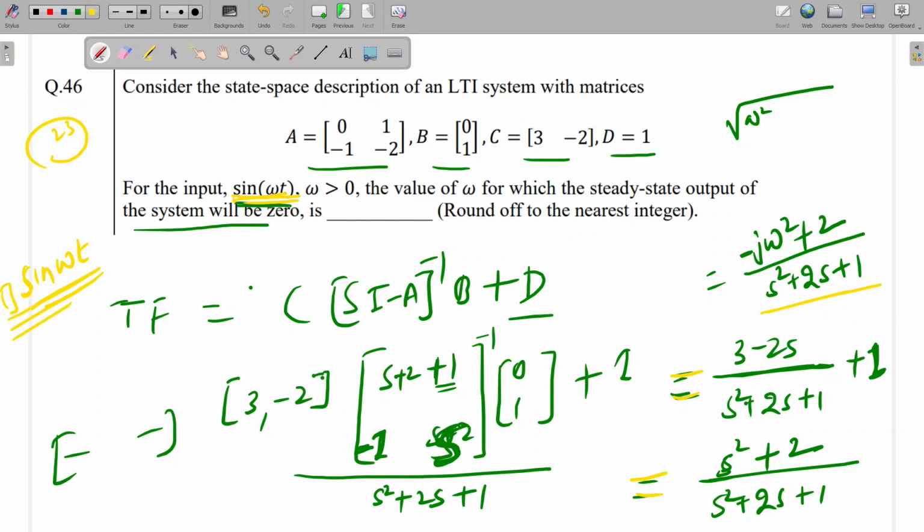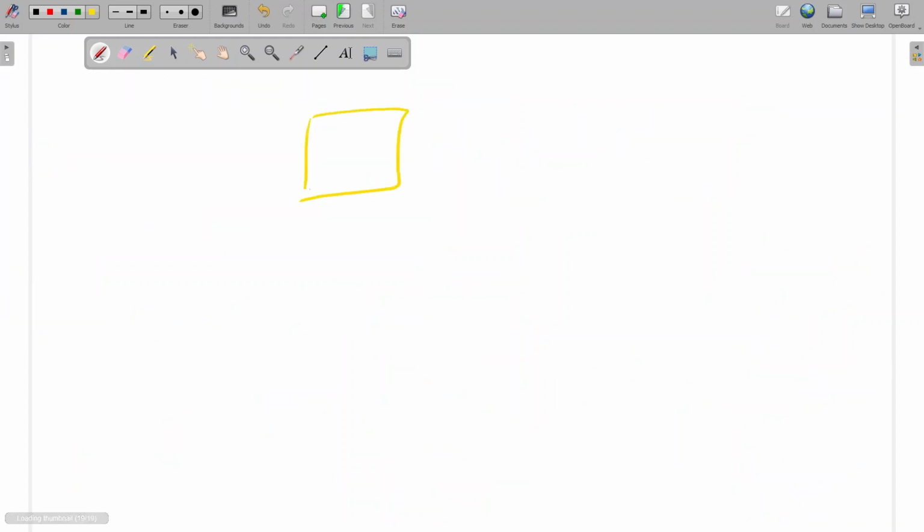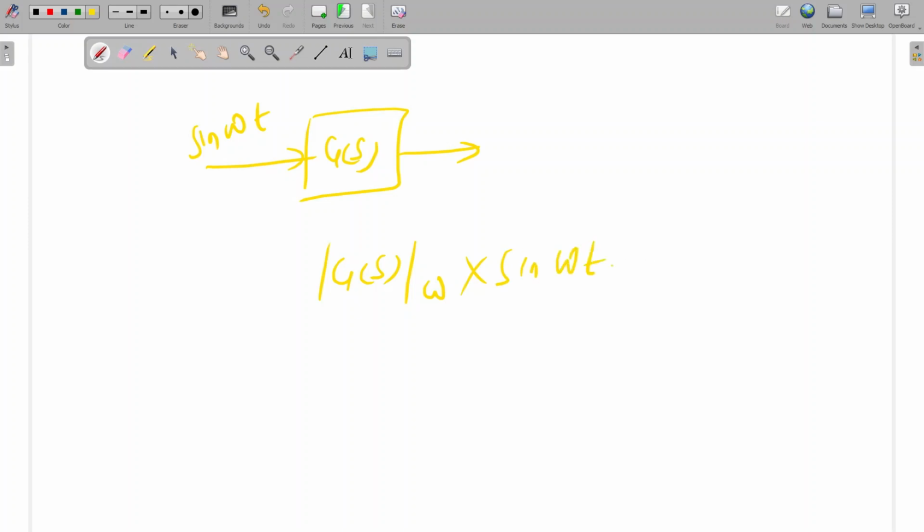Is it correct? See, any transfer function is given, some G of s, and we are giving a sine input, sine omega t. So what will be the output? The output will be magnitude of G(s) at omega into sine(omega t minus phi). What will be this phi value?